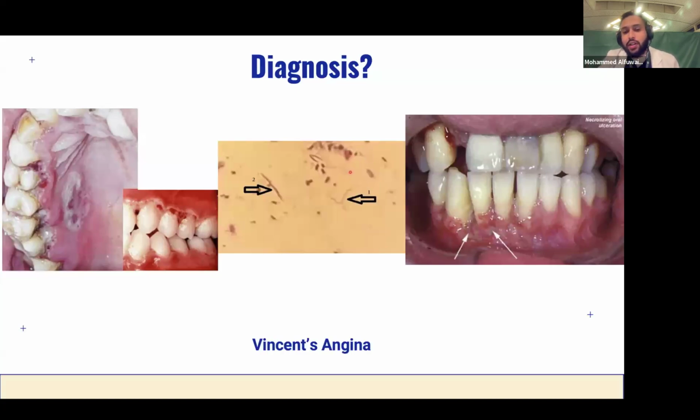This is Vincent angina, which is a polymicrobial infection caused by gram-negatives and spirochetes. The gram-negatives are like Bacteroides, Fusobacterium, and so on. Then you have the spirochetes. This causes Vincent angina, which is acute necrotizing ulcerative gingivitis. So it's gingivitis, and it's polymicrobial.